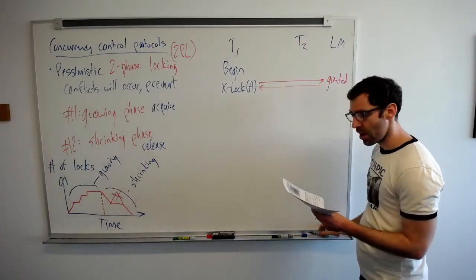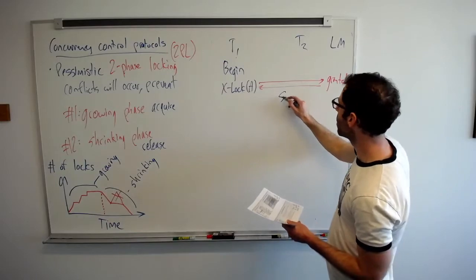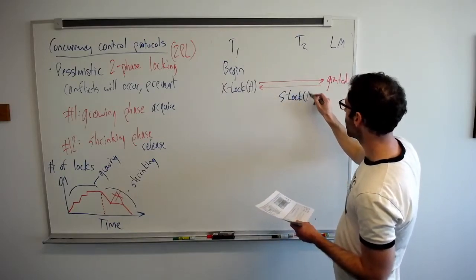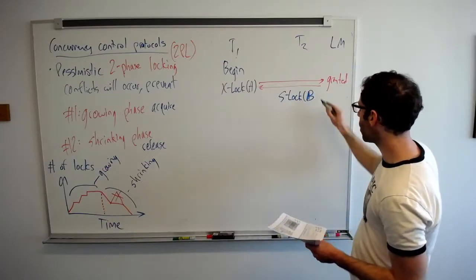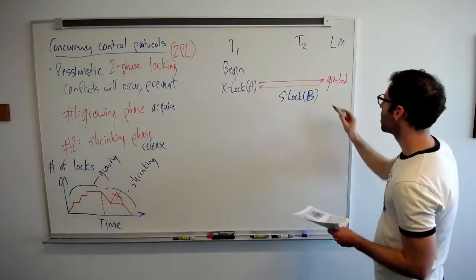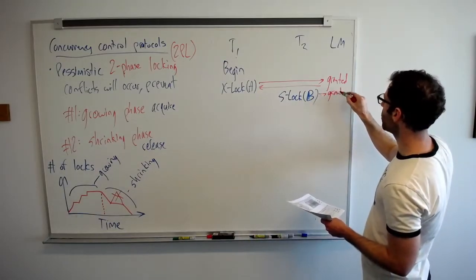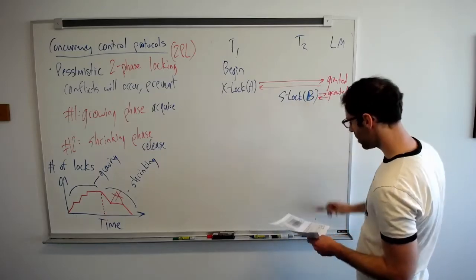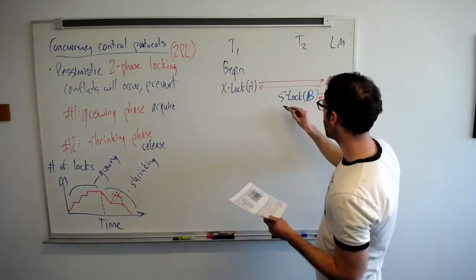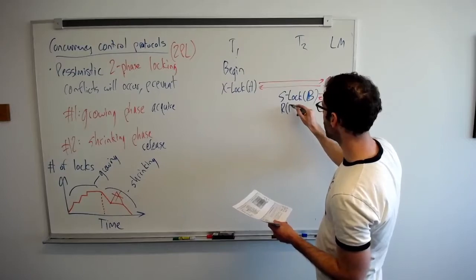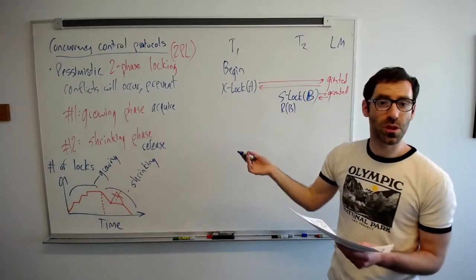And then our T2 gets a shared lock on B. Again, lock manager says, sounds good to me. And then T2 reads B, and then it wants to do something with A.